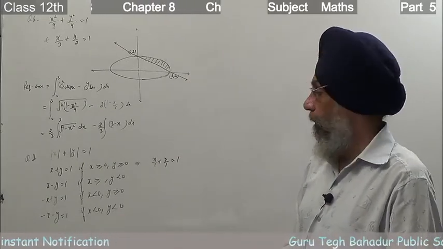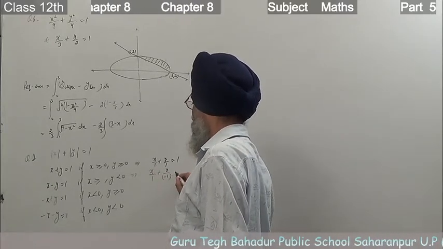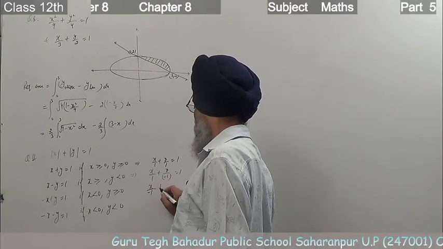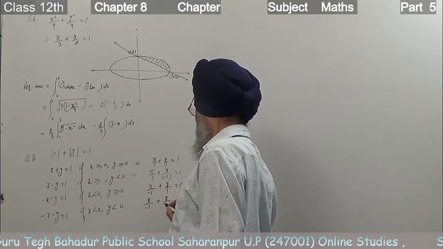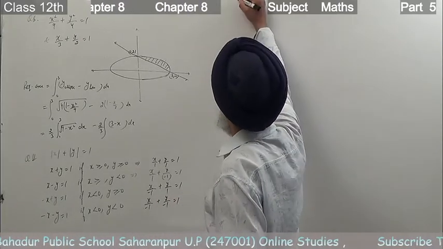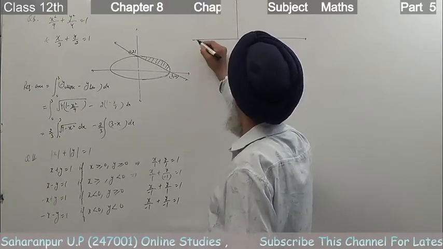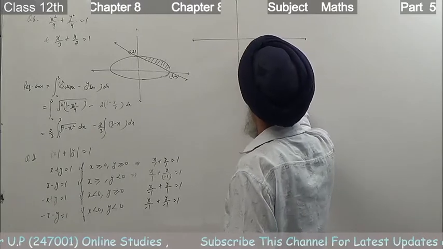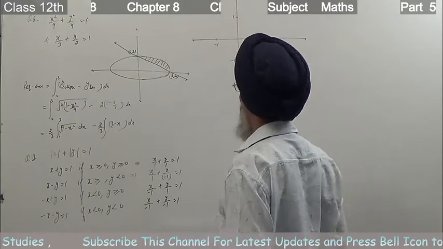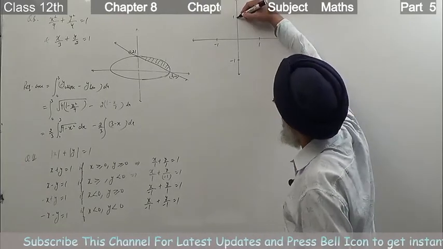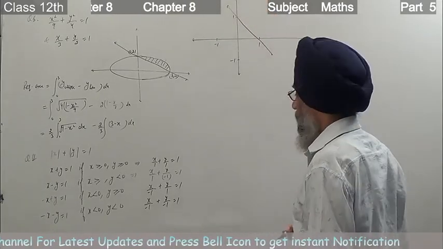Then x upon 1 plus y upon minus 1 is equal to 1, x upon minus 1 plus y upon 1 is equal to 1, x upon minus 1 plus y upon minus 1 is equal to 1. The points are (1, 0), (0, 1), (0, minus 1).